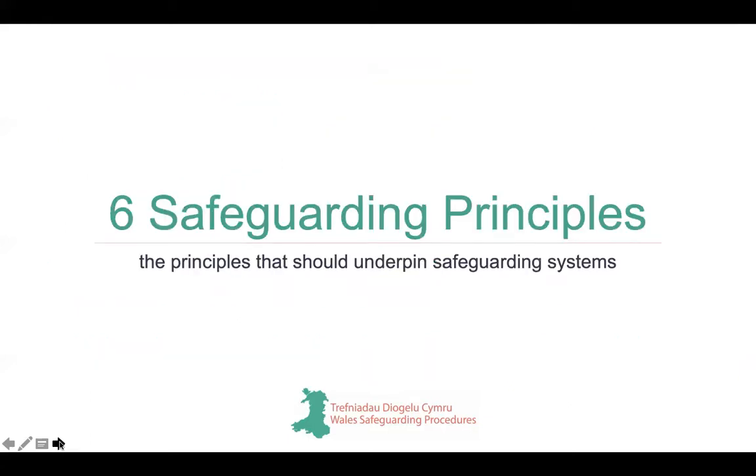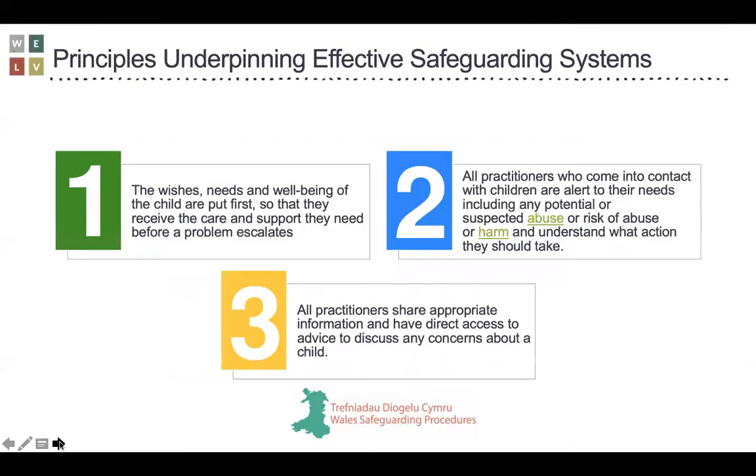In addition to the principles of the Social Services and Wellbeing Act, these procedures are also underpinned by safeguarding principles. So the principles that should be underpinning our safeguarding systems and approaches, not just the systems, but the practice approach that we take. So these principles include the importance of putting the child's wishes, needs, and well-being first.